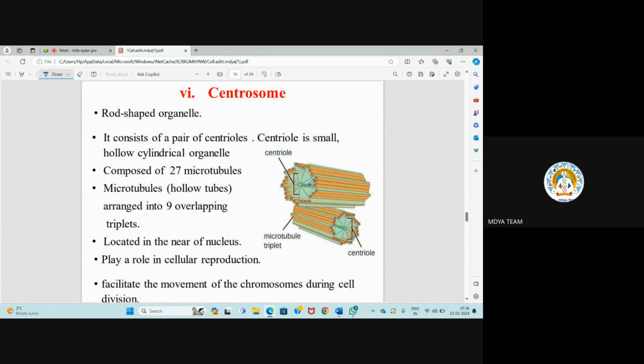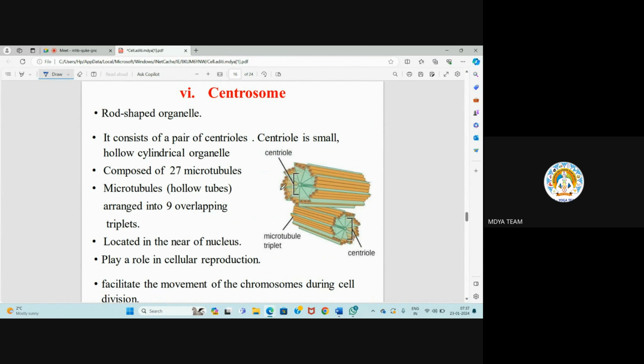So, centrosomes. The next organelle is the centrosome. Centrosomes are rod-shaped organelles. It consists of a pair of centrioles. A centriole is a small, hollow, cylindrical organ. You can see here, these are rod-shaped.